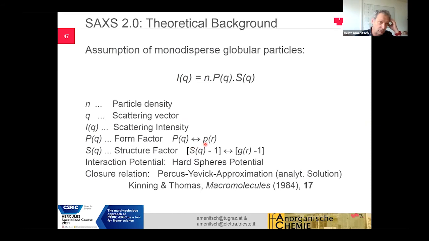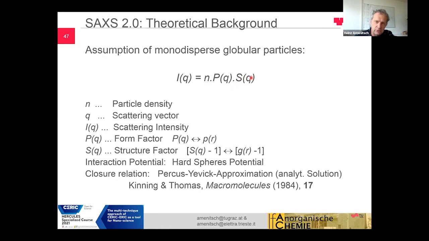Going now to a still more complex system: if you go away from the assumption of diluted samples, you have concentrated samples. And what you start to see is the interference of neighboring particles. So you get a structure factor of the particles, which is then modifying the form factor.